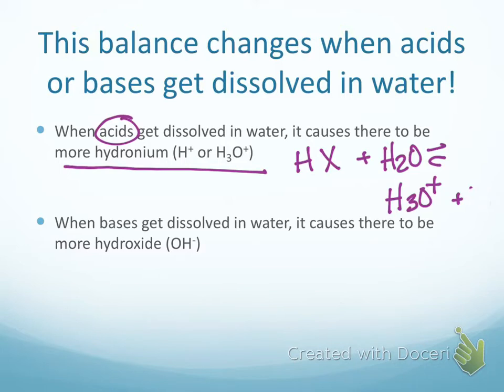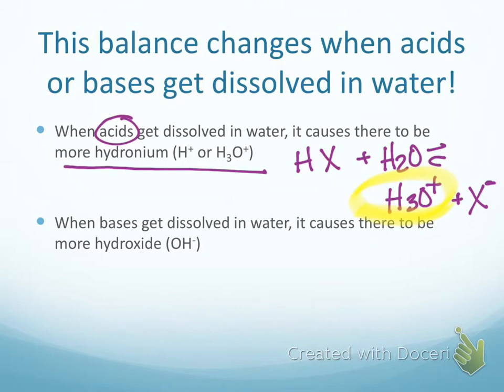In this case, whatever else would just be the conjugate base, which would be X with a minus. So we've increased the amount of hydronium. The concentration of hydronium dissolved in your solution has gone up.